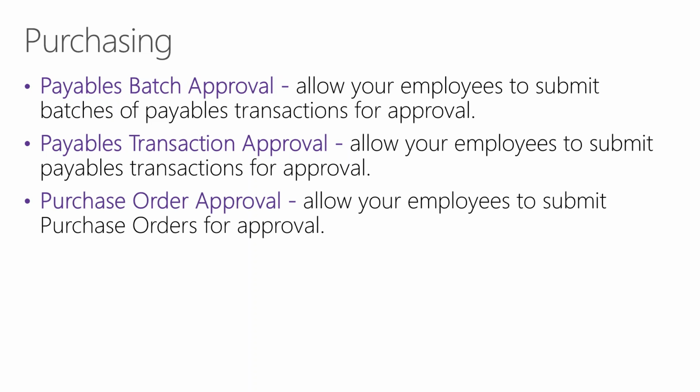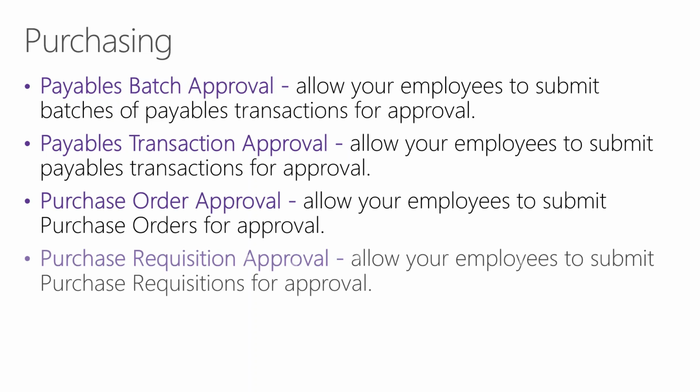The purchase order approvals, purchase requisition approvals. So for those of you who may not be aware, requisitions are the precursor to purchase orders. So you may have a group of people who are currently writing out on sticky notes or in an Excel file the things that they need to order and then turning those into the purchase order department, purchasing department, for them to create the purchase orders for.